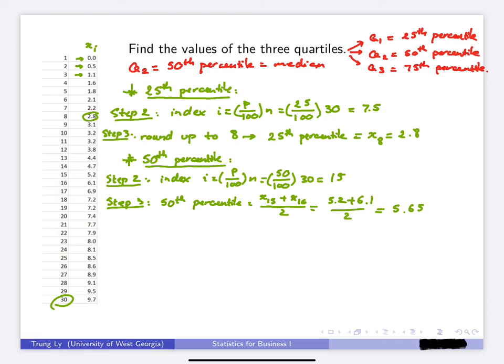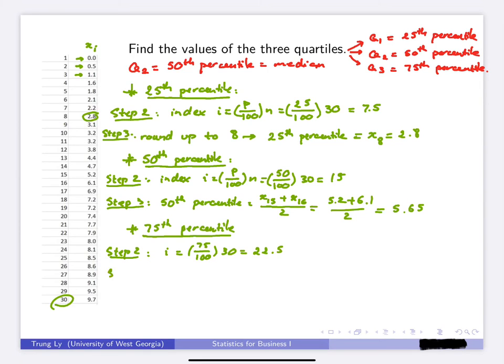Now let's apply the same procedure to find the 75th percentile. I'm going to go through this really quick here. The index I is going to be equal to 75 divided by 100 times 30. That gives you 22.5.